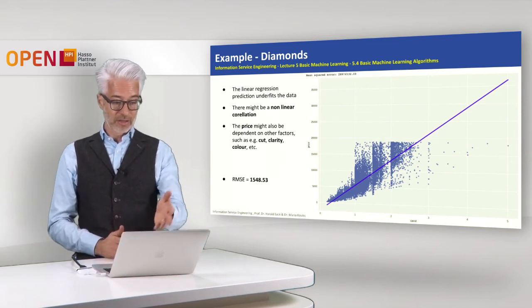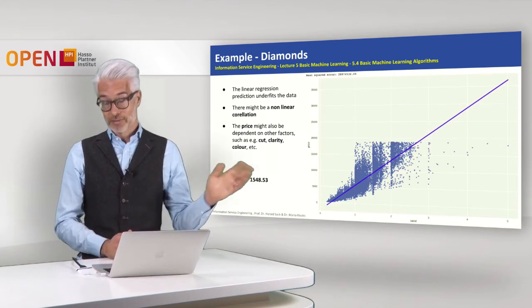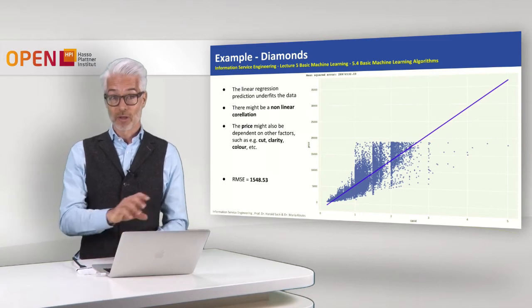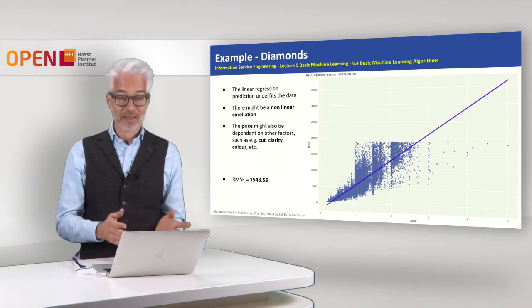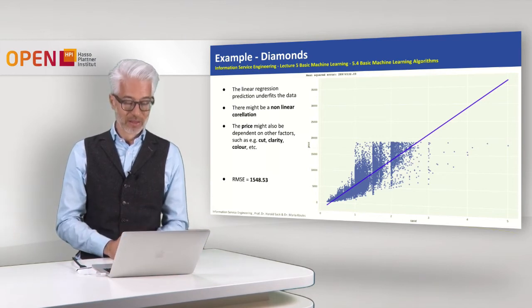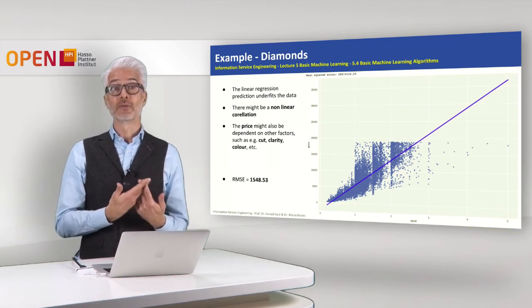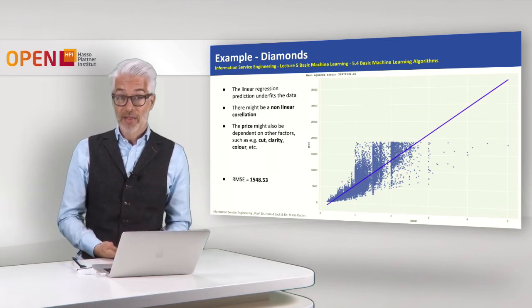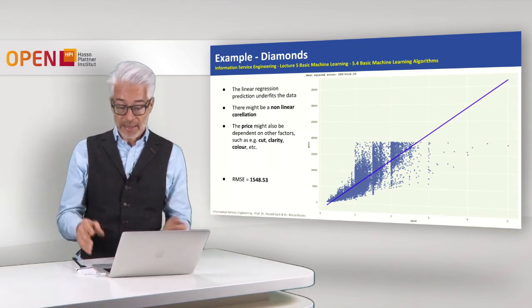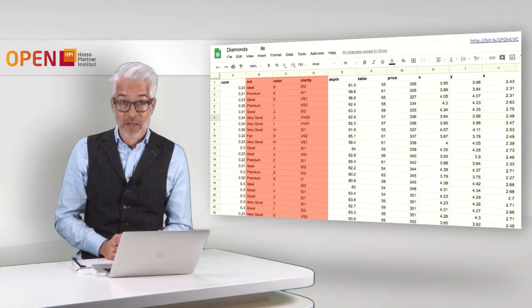For the larger stones, if you are in a price range of 30,000 or 35,000 dollars, then $1,500 is not such a big deal. But for the smaller ones, which are about $1,000 or even less, an error of 1,500 would be really heavy. So we have to try to adapt our model in a way that this error becomes smaller. This error is a quality indicator of how well your model fits your observation.